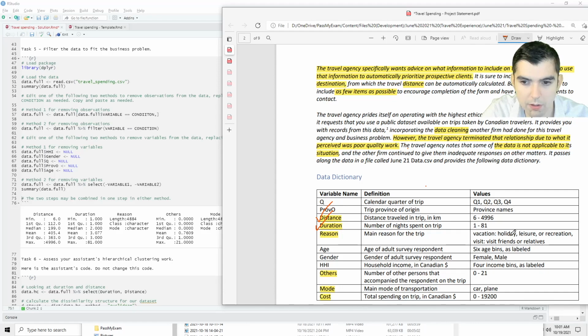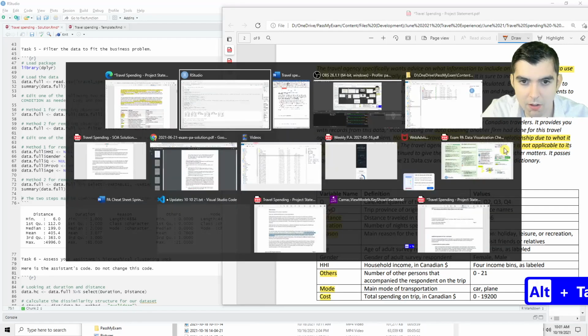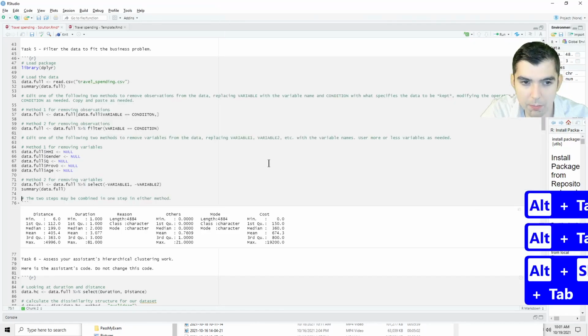Reason: holiday, leisure, recreation, visit. Visit friends or relatives. Now, visit implies that there's a long stay, like multiple days, weeks, or even months. And we're only interested in overnight travel bookings.